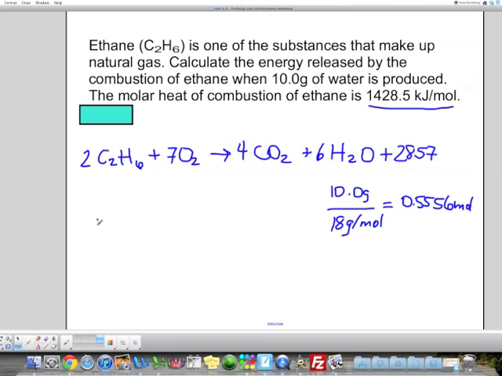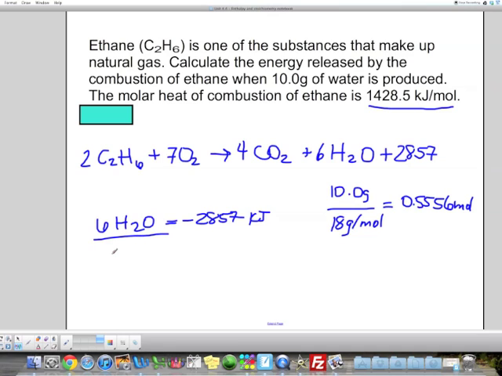So I say 6 moles of H2O, when they are produced, will release, or will be part of a reaction that releases, 2,857 kilojoules of energy. Now in this case, I'm not working with 6 moles.